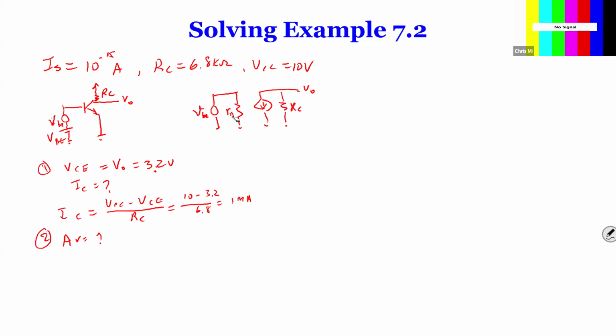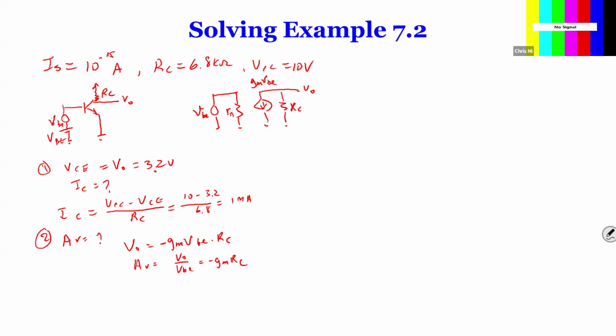In order to find AV, we know that your VO will be gm times VBE times RC, plus give the minus sign. So that's your voltage. And of course, from here, we can find AV equal to VO over VBE, equal to minus gm times RC.